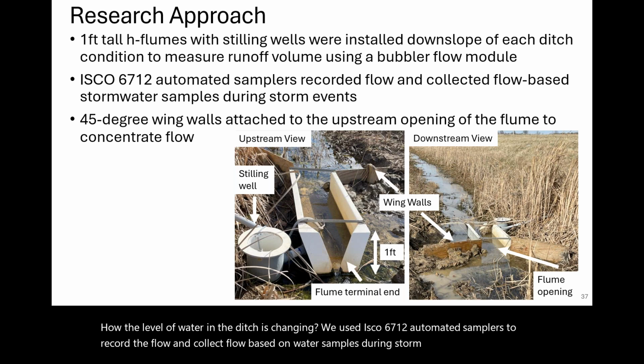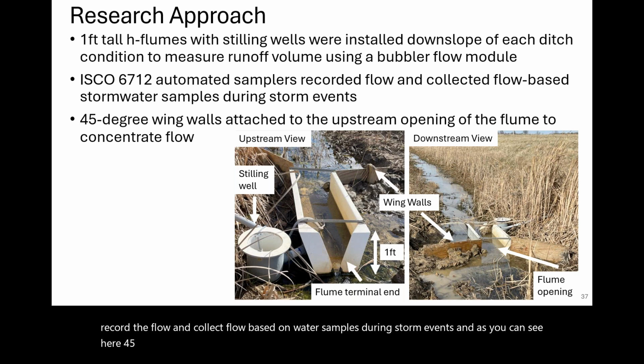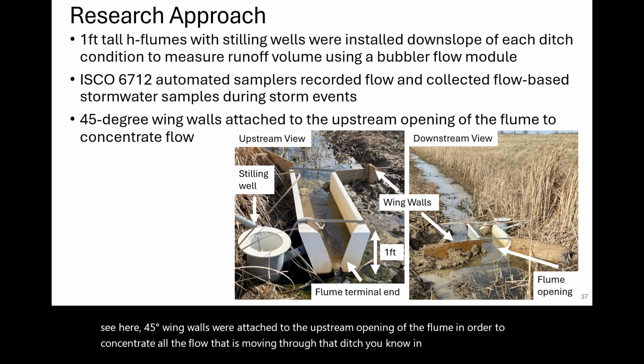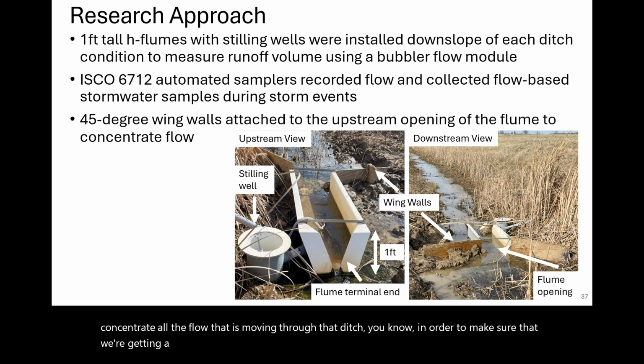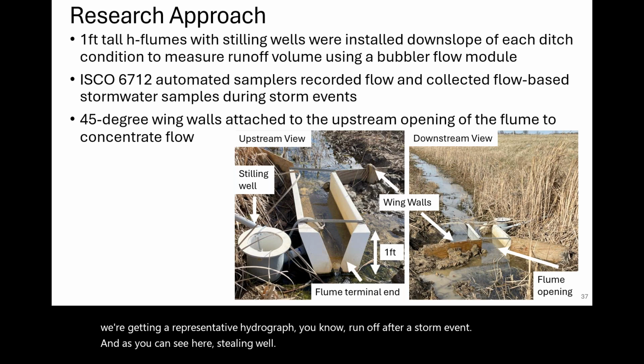As you can see here, 45-degree wing walls were attached to the upstream opening of the flume in order to concentrate all the flow moving through that ditch, to make sure that we're getting a representative hydrograph of runoff after a storm event. As you can see here, stilling well, flumes, wing wall, all very important to this process.